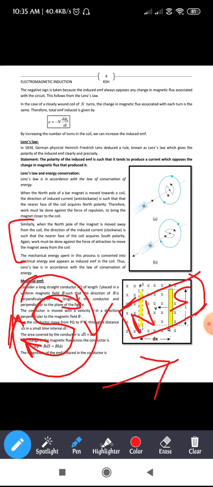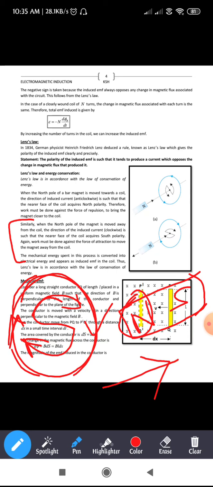As you are moving the magnet away from the coil, the coil acquires a polarity of south. So it exerts a force of attraction, since this is a south pole and that is a north pole.